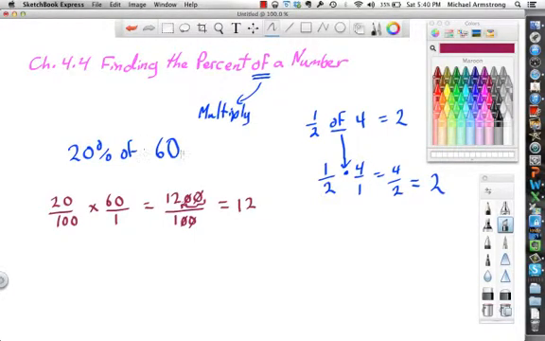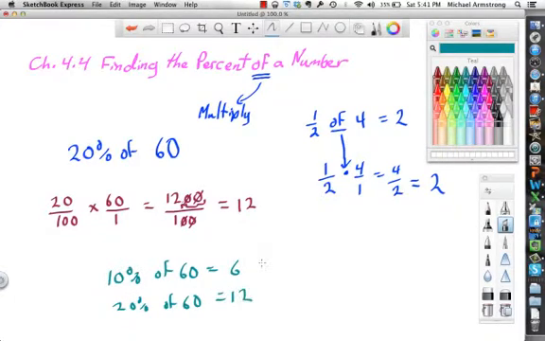Most of you can do 10% in your head, so let's check our work. What's 10% of 60? Well, 10% of 60 is $6, so that's something that we just know how to do. We sort of automatically do that. So 20% of 60 would just be twice as much.